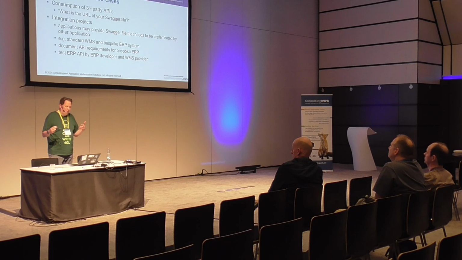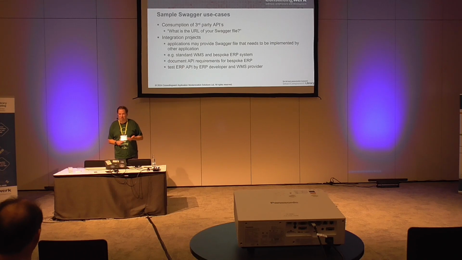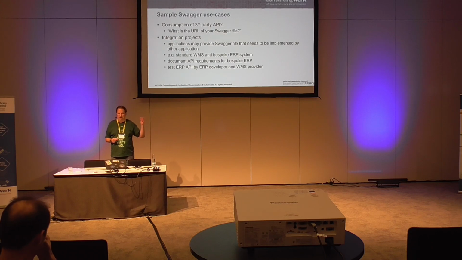And when we come to integration projects, a sample that we worked on at the beginning of this year was for a vendor of electronic materials in Austria. They introduced a new warehouse management application. So there needed to be a bidirectional interface between their homegrown OpenEdge ERP system and the warehouse management system.